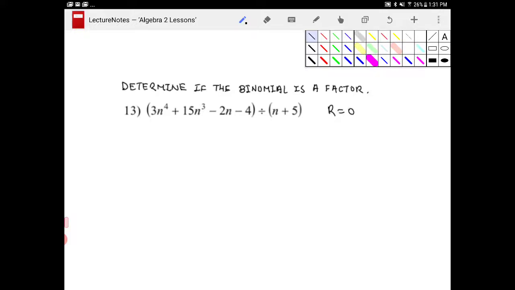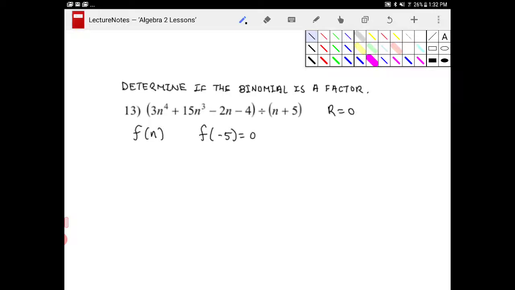Or in other words, if I take negative 5 and I directly substitute it into the numerator, let's call the numerator f of n because it's in terms of n. If f of negative 5 turns out to be 0, then yes, n plus 5 will be a factor. So let's quickly figure out whether or not this is a factor.